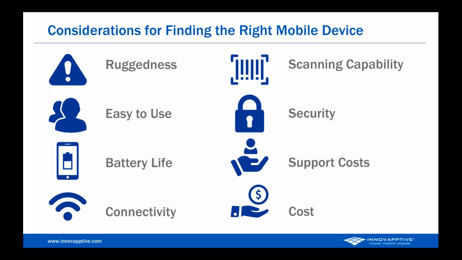First thing is obviously, in a typical warehouse scenario, you're looking for the ruggedness of the device, right? So there's a lot of options in the market, but you could look for the right device that meets your drop requirements, extreme temperatures, dust or dirt.